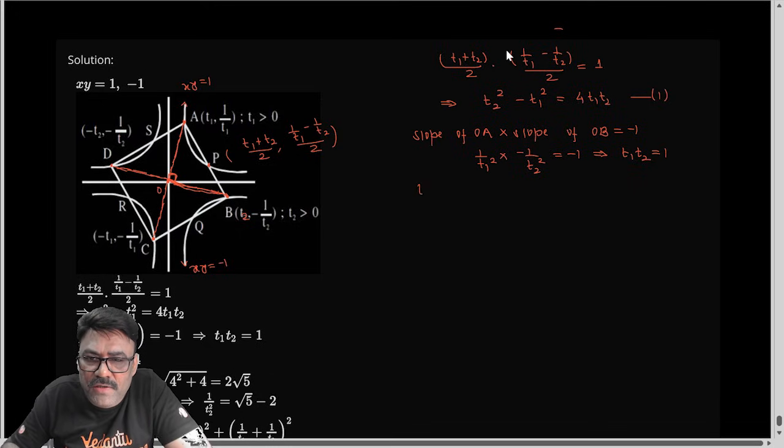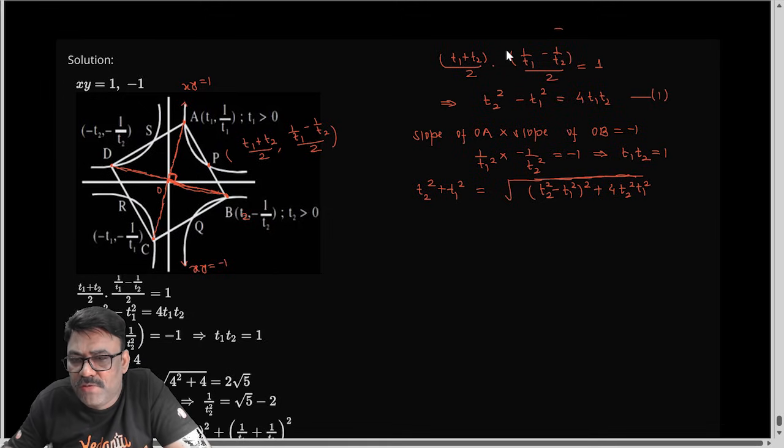So I can find T2 square plus T1 square now. T2 square plus T1 square can be written as under root of T2 square minus T1 square whole square plus 4 T2 square T1 square.